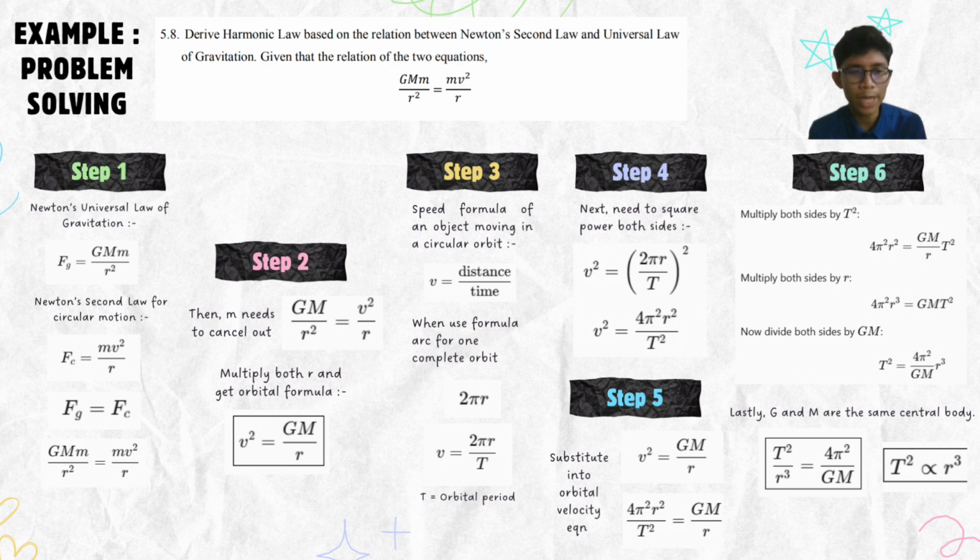Since G and M are constant for the same central body, we conclude that this is Kepler's harmonic law formula, which states that the square of a planet's orbital period is proportional to the cube of its orbital radius.